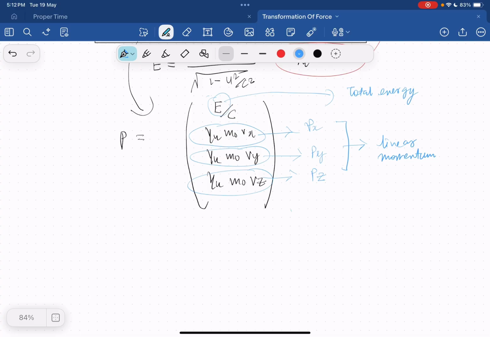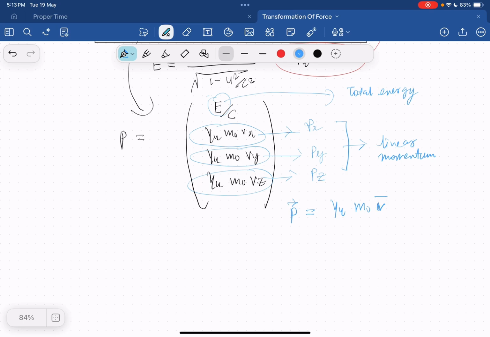So this can also be taken as the definition of linear momentum, where linear momentum vector P is nothing but gamma u times m naught v.